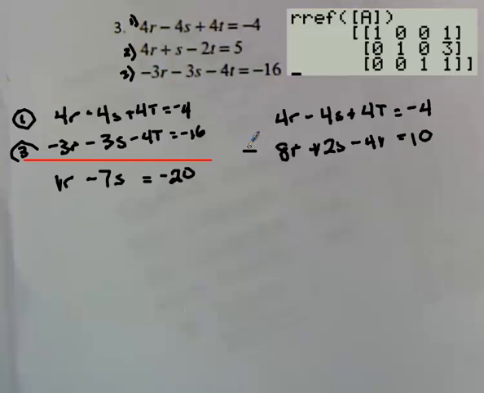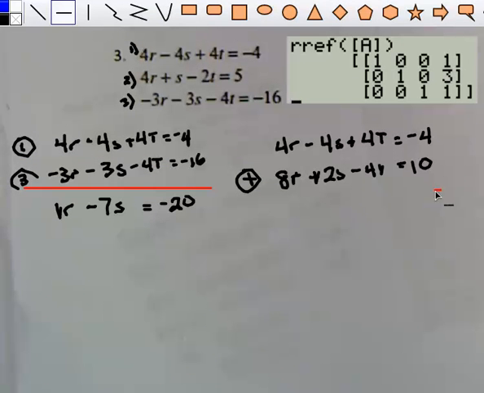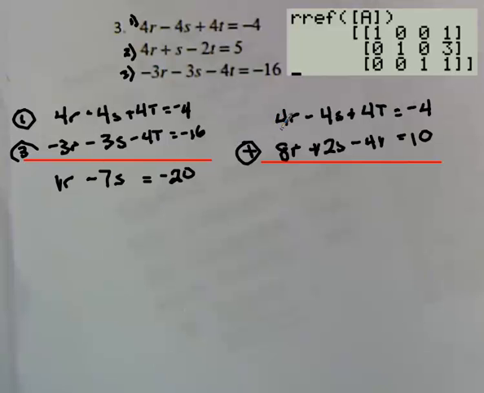And I add those two equations together. Here I'm going to get 12r minus 2s equals 6.